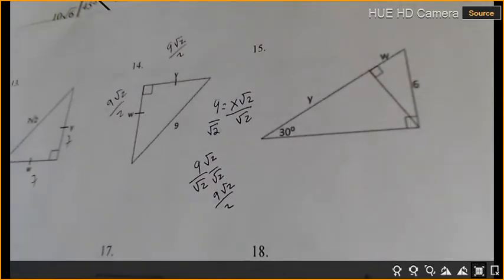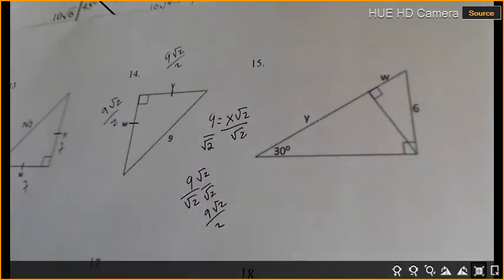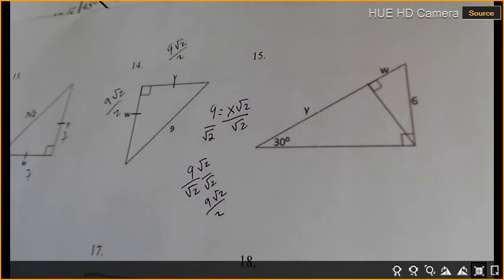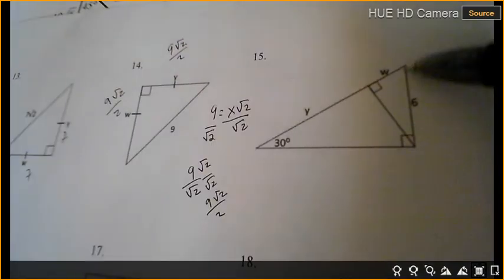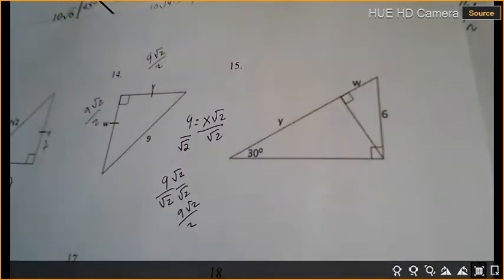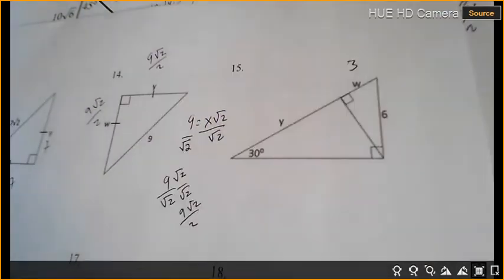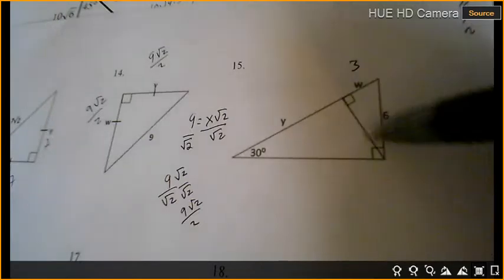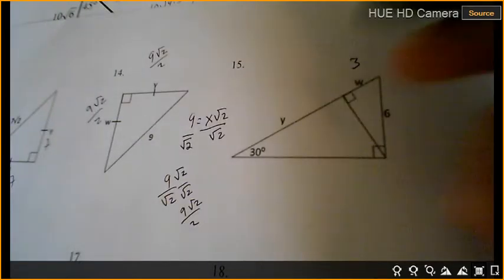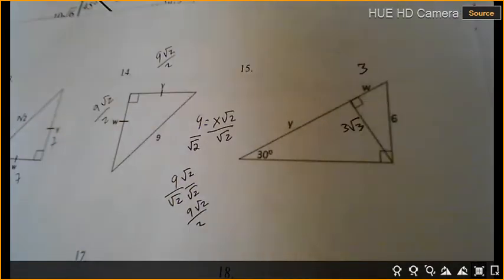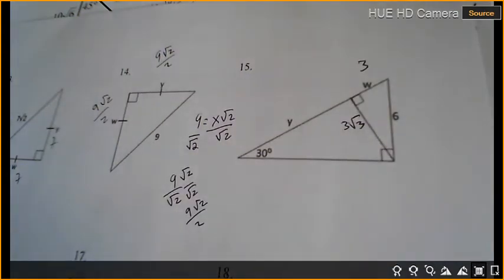I'm looking at number 15. We have the hypotenuse right here for this triangle is 6. What would W be then? It would be 3. So this side right here would be what? 3 square root 3, which means y would be?